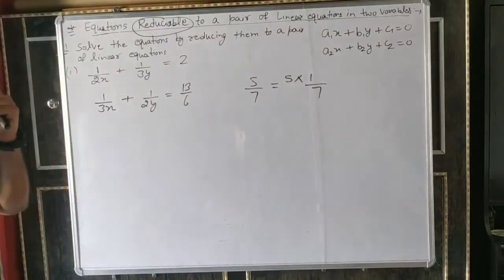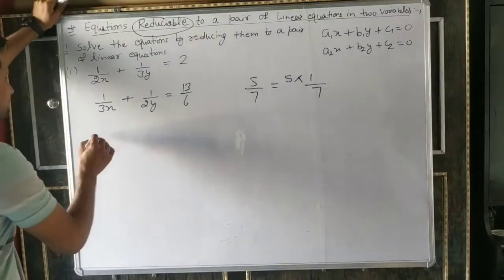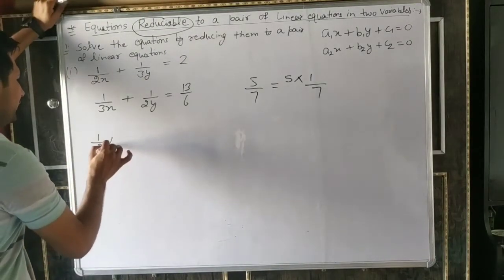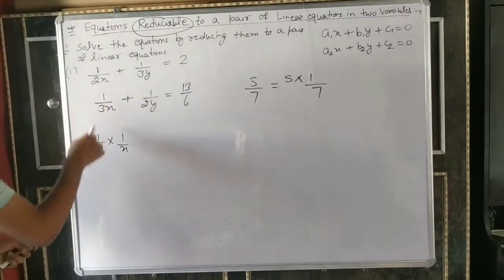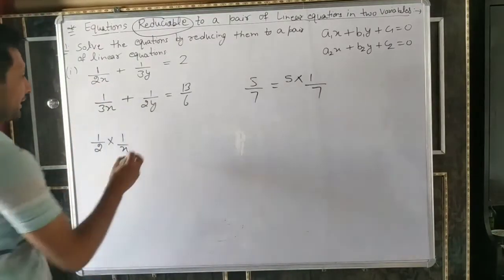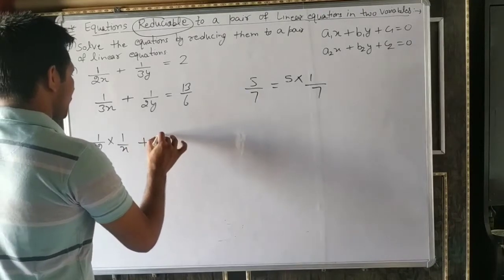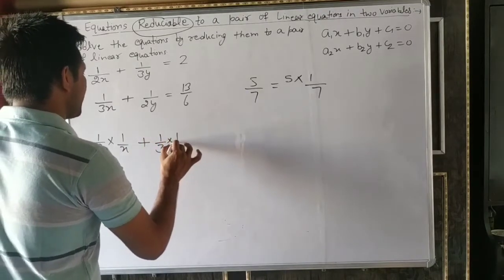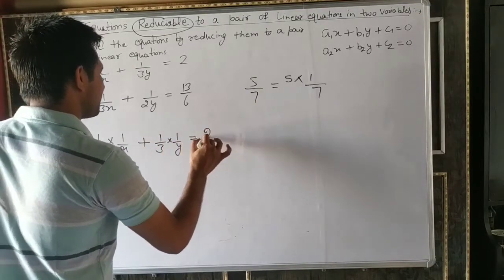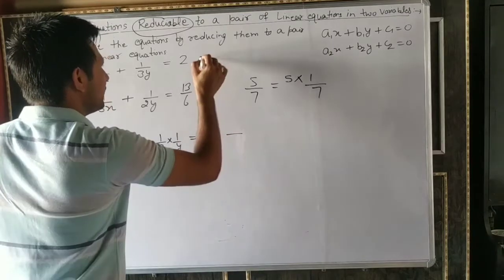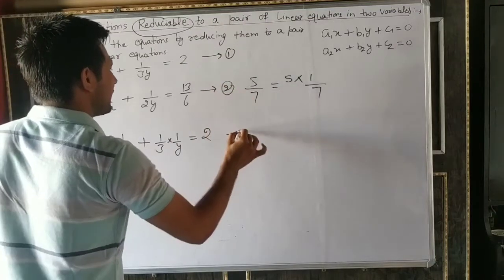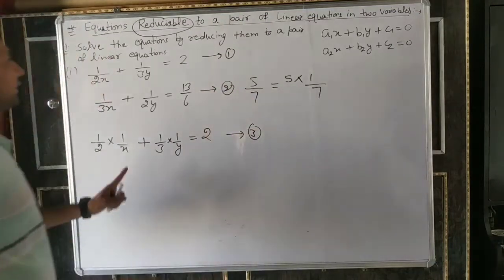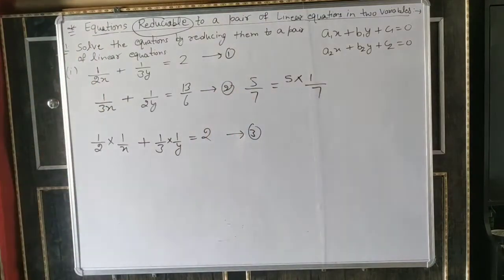Same as it is, can you write the first equation as 1 into 1 upon x plus 1 upon 3 into 1 upon y? This is equation number 1, this is equation number 2, and now we have already converted equation 1 into equation 3.